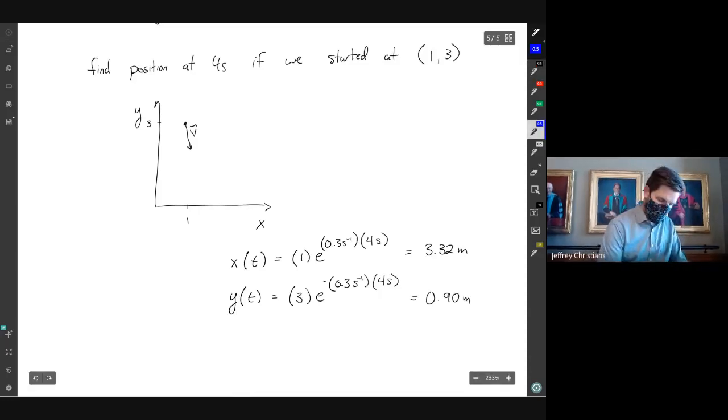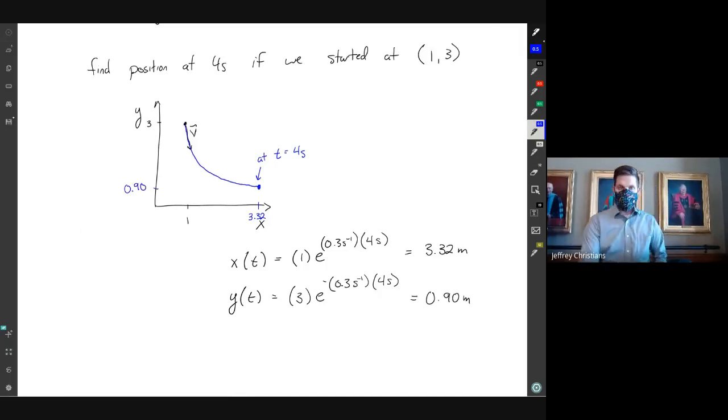If we wanted to track my path, I would go along there, and I would end up, at t equals 4 seconds, at 3.32, 0.90. So I would travel along one of the streamlines, and I can figure out from how much time has elapsed how far I've actually moved along that streamline.